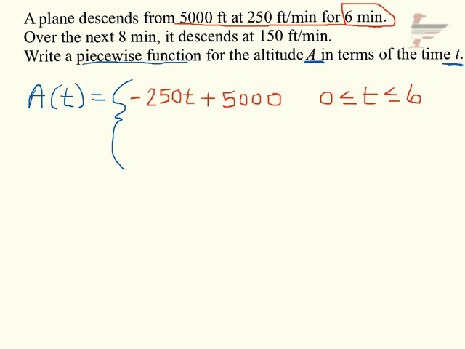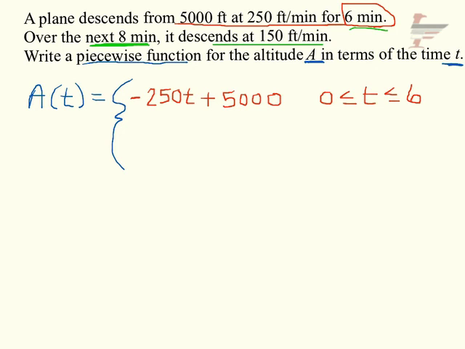Alright, the second piece, I'll use a different color, says over the next 8 minutes it descends at a rate of 150 feet per minute. So we don't know where it's starting at that next 8 minutes, but we do know that the next 8-minute increments start after the 6 minutes is done.